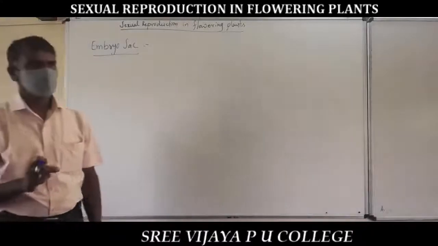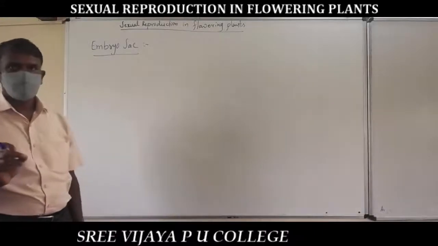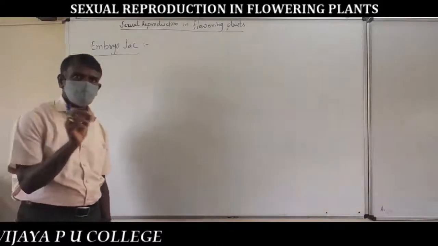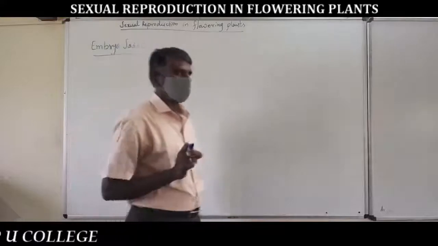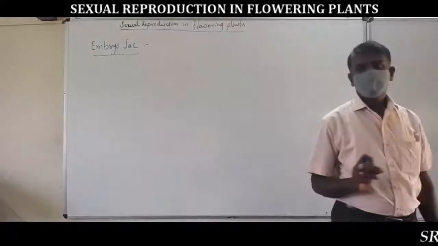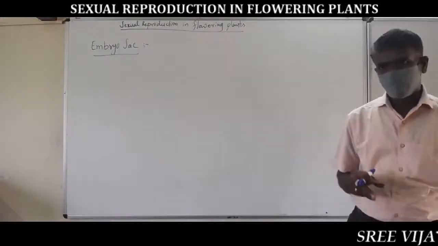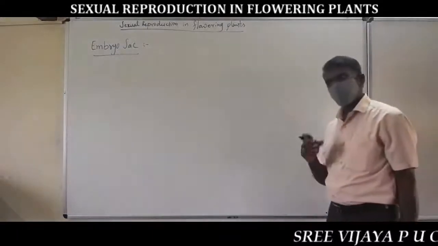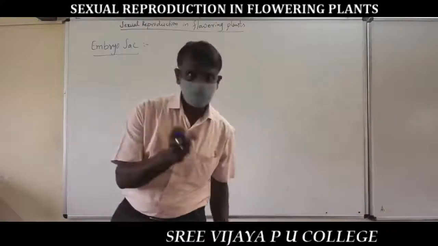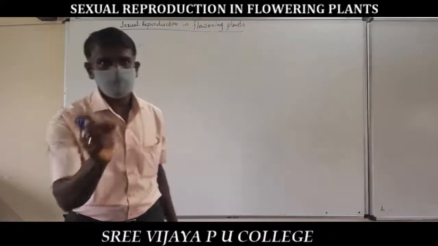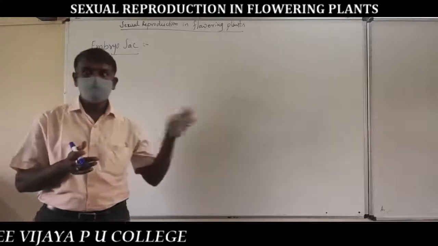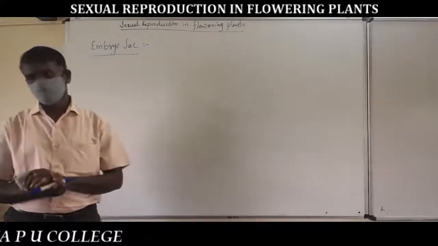That nucellar cell, which is mustard shaped and larger in size, is present towards the micropylar area. The cell which leads to the formation of the embryo sac is a little bit larger than the remaining cells of the nucellus.